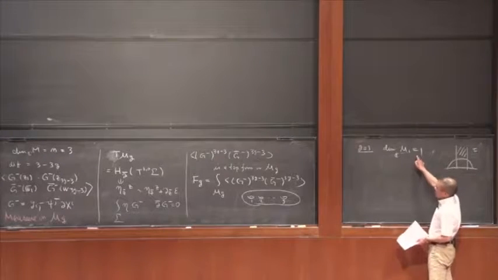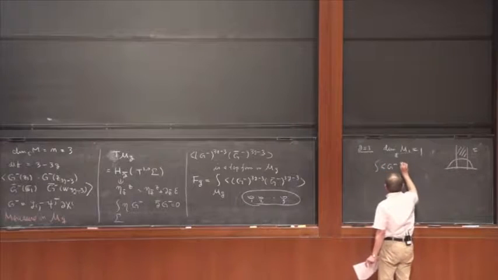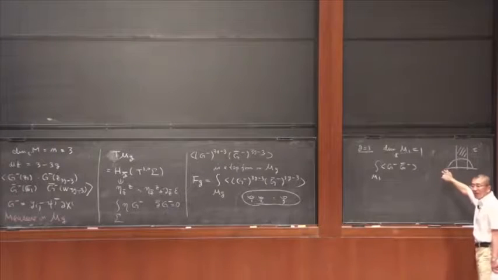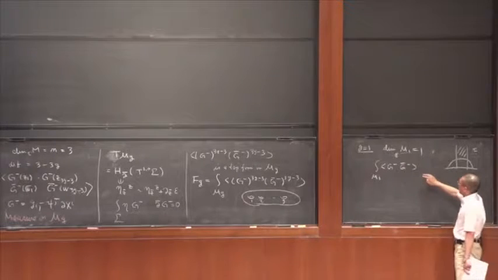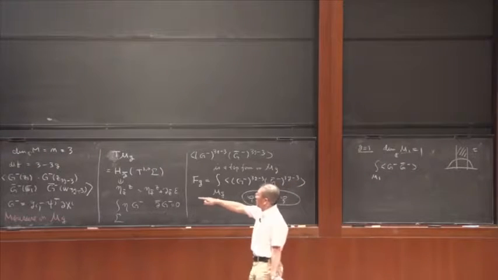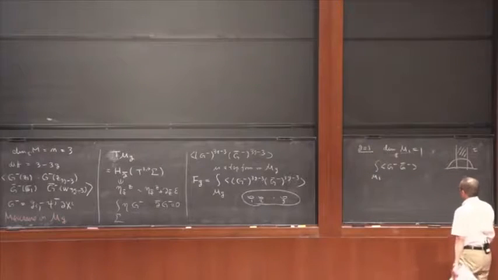So in this case, the dimension is 1, so one may naturally try to consider the integral of something like this. But it turns out that this gives you 0. Because on a torus, actually, the net number of supercharge is equal to 0. So the net number of fermionic zero modes is 0.